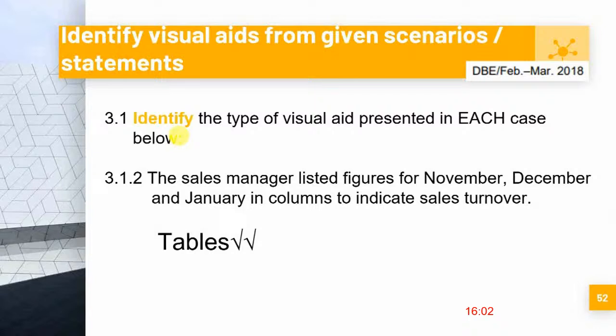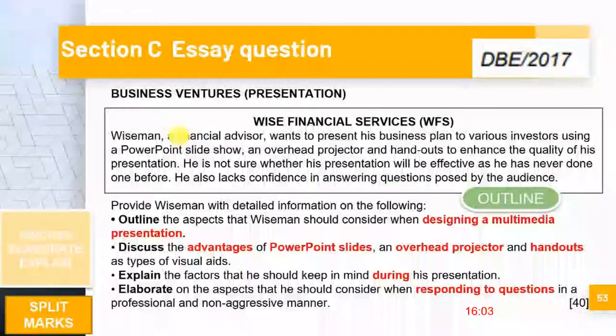Would you also have written there a bar graph or histogram? Because immediately when it says in columns to indicate sales turnover, just let me see if anything is coming up. Okay, well, let me see.